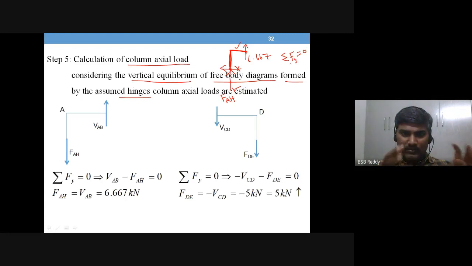Pick each free body diagram, represent only vertical forces. Beam vertical force means shear, column vertical force means axial load.